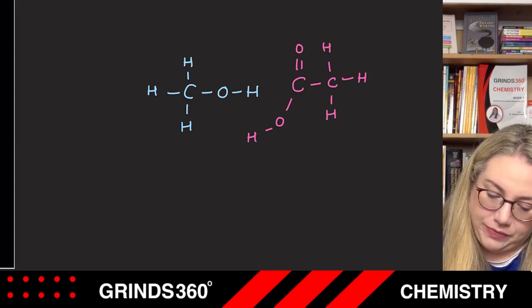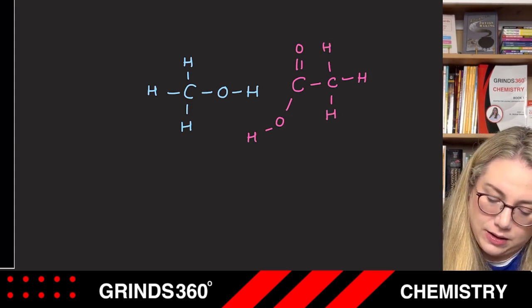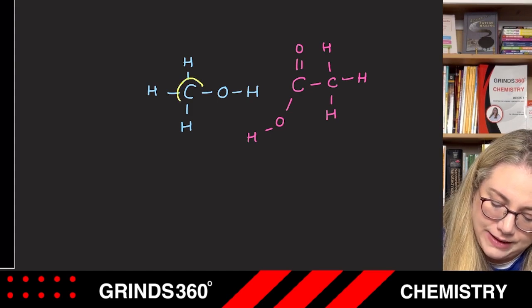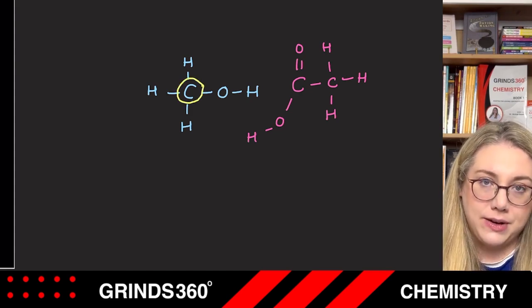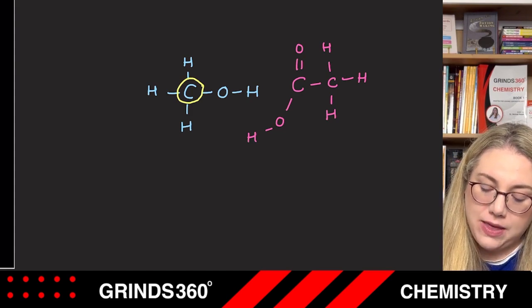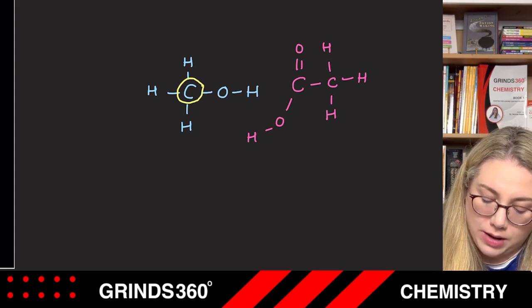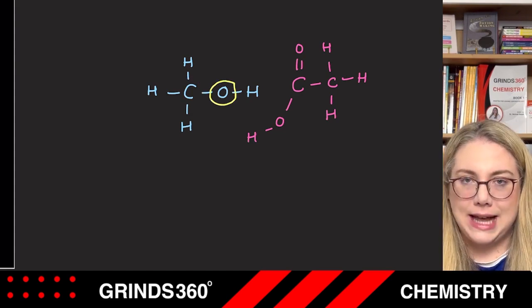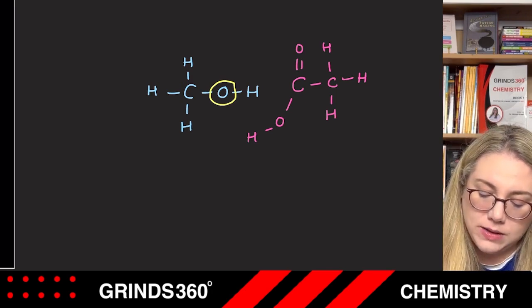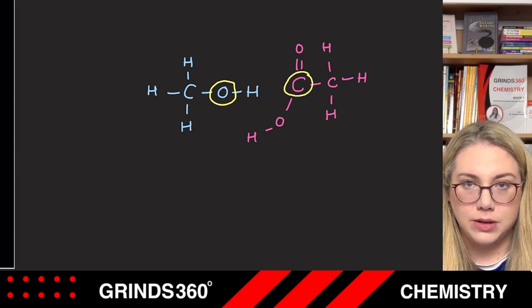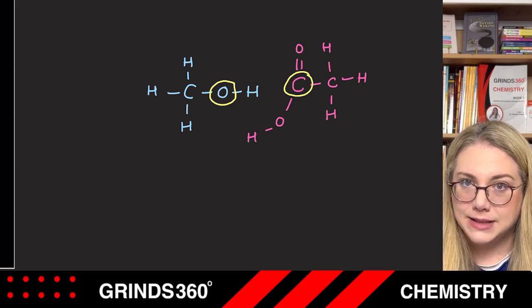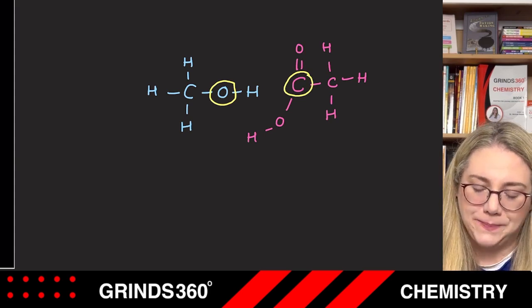Now, on the alcohol, the carbon that's attached to the OH in the alcohol. So in methanol, it's that carbon. The oxygen in the alcohol, so the single bond to the oxygen, is going to form a bond with the carbon in the carbonyl group of the carboxylic acid. Try and say that 10 times fast.